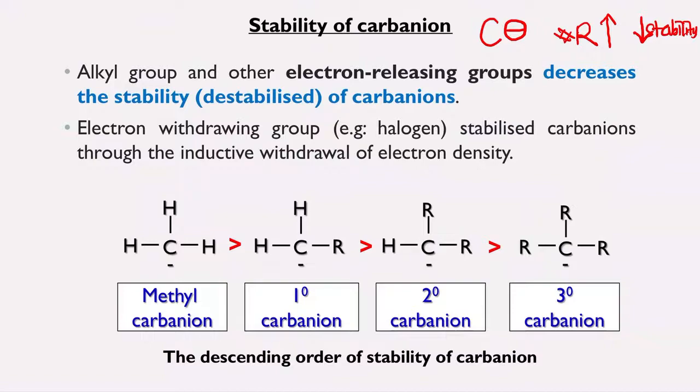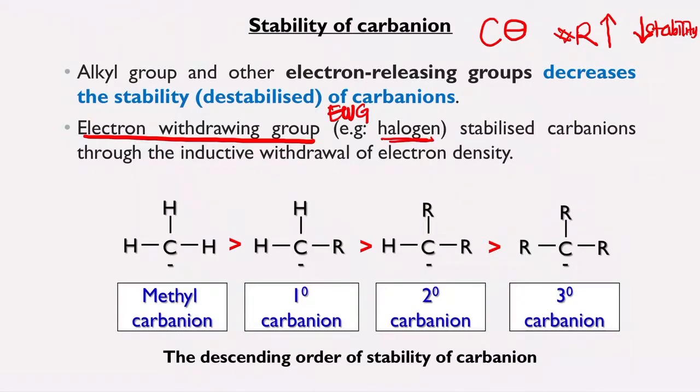Okay, so how do you stabilize carbanion then? Instead of putting electron donating group yang bagi elektron, awak letak electron withdrawing group, EWG. Okay, so contohnya macam whatever substituent that is electron rich, like halogen.